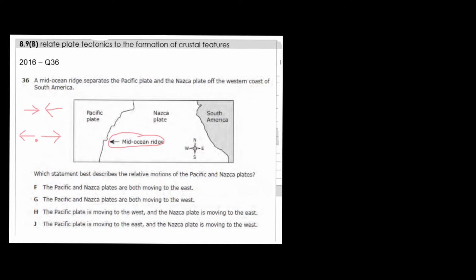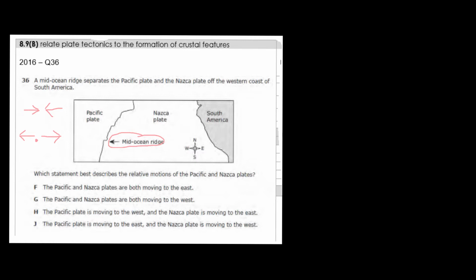So which statement best describes relative motions of the Pacific and Nazca plates? F says that the Pacific and Nazca plates are both moving to the east. If the plates are both moving to the east, then we would have two arrows going the same direction.